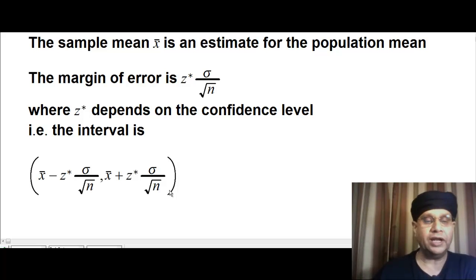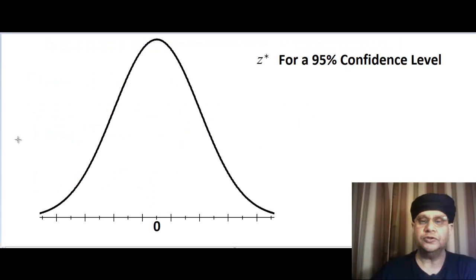And very quickly, let me show you how you would obtain the value of z star for a given confidence level. Here I'm going to show you how you would compute the critical z value, z star, for 95% confidence level.